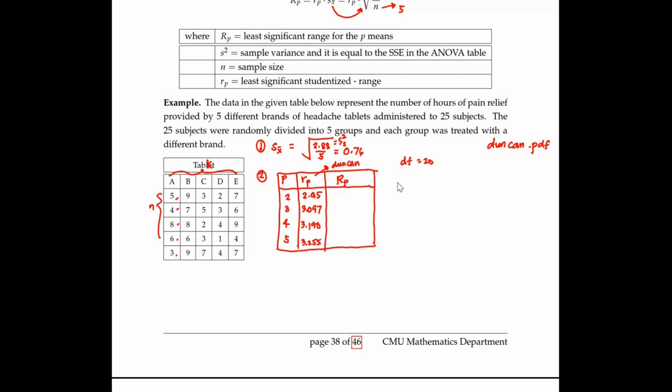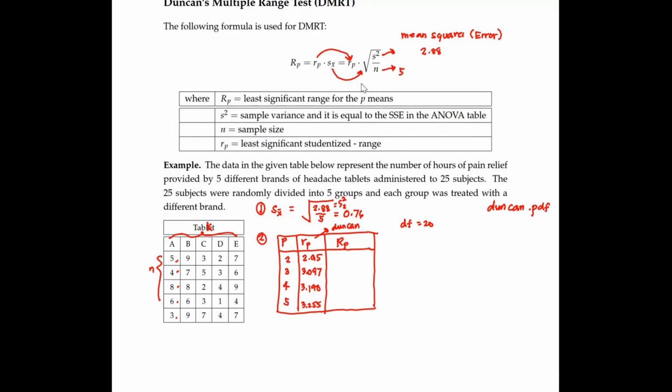So the formula for that is, we multiply the r sub p by your S sub x bar, or 0.76.